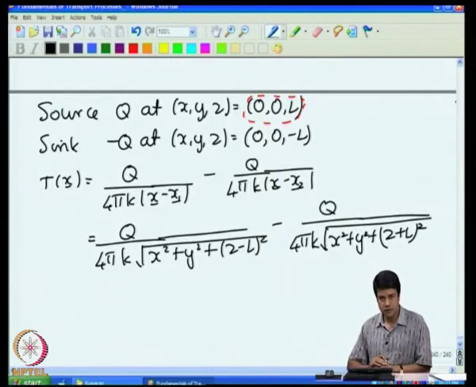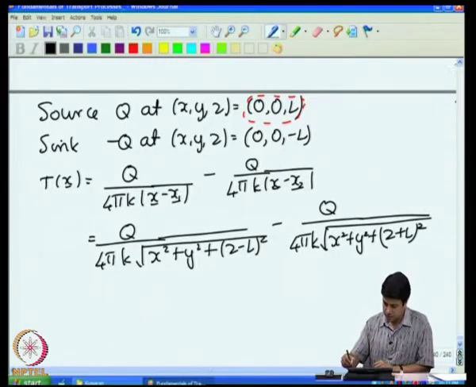So, this is the final solution for the temperature field in the second configuration that I just showed you.